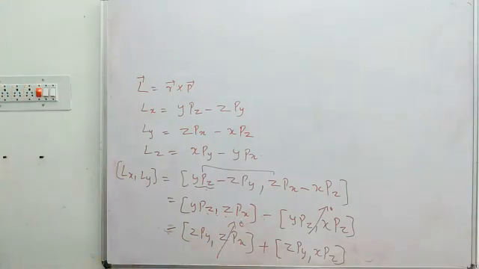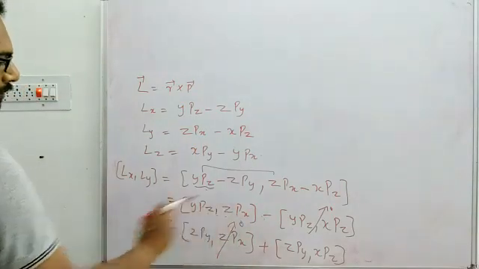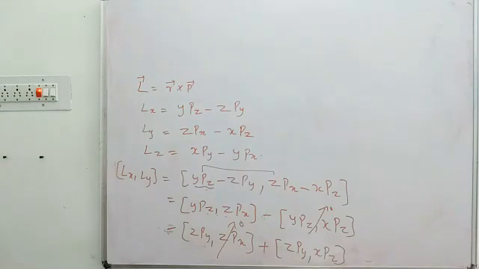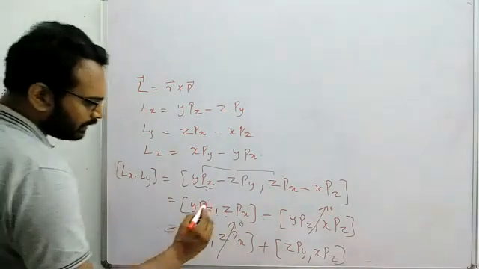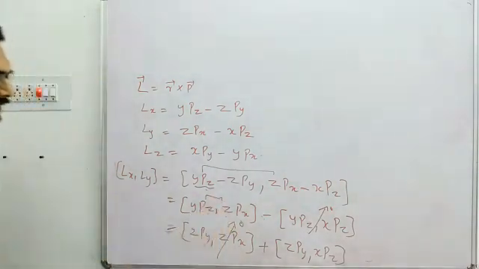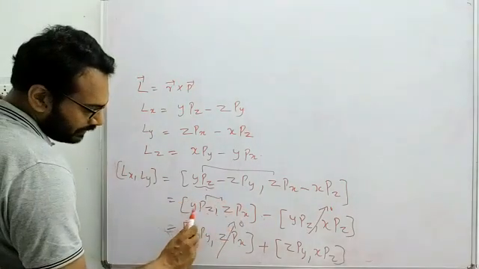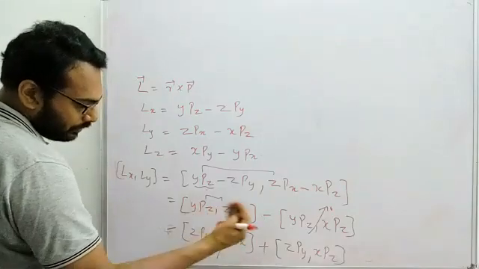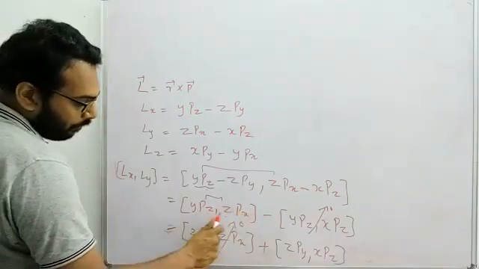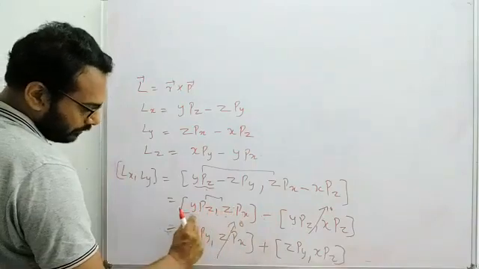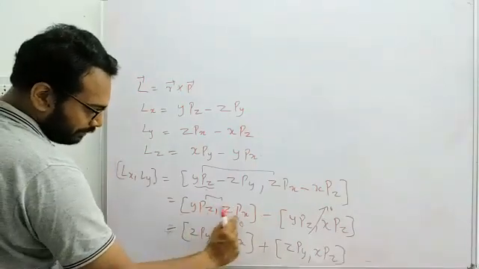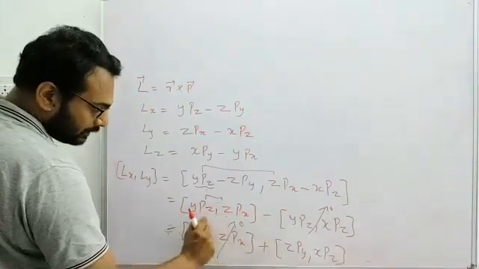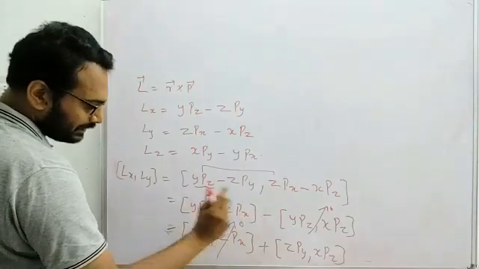Let's start with y pz comma z px, which has the only non-zero combination, pz with z. There are many terms here. When you multiply this out, y with z and pz is 0, y with px is 0, and pz with pz z is also 0.